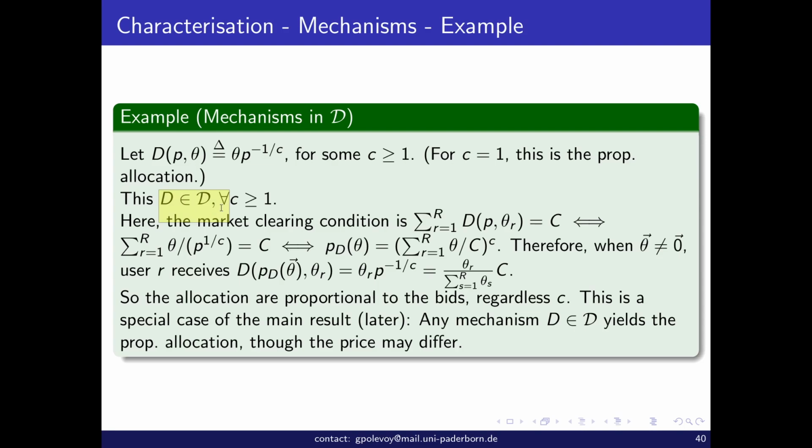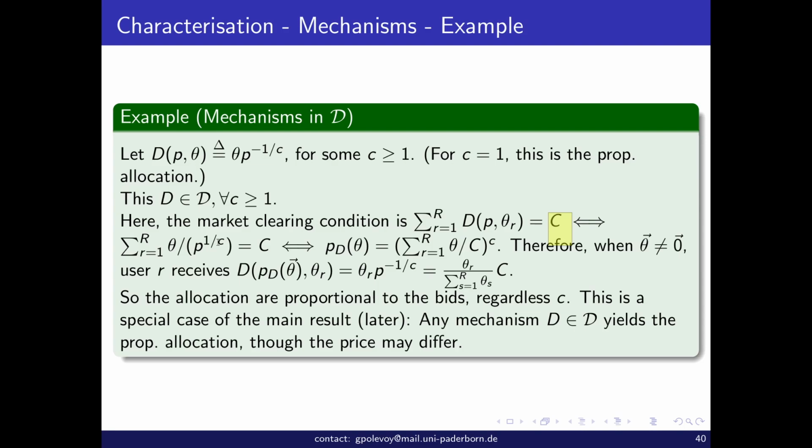Now, what happens here for a general c? Here the market clearing condition is interesting. It is the condition that the sum of those d's for the players is equal to C, the amount of resource on the market.